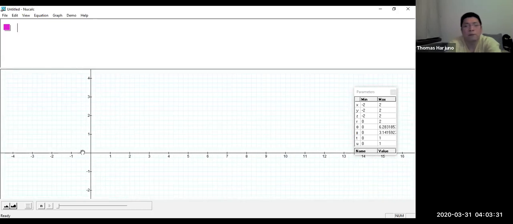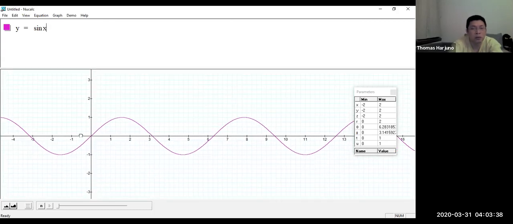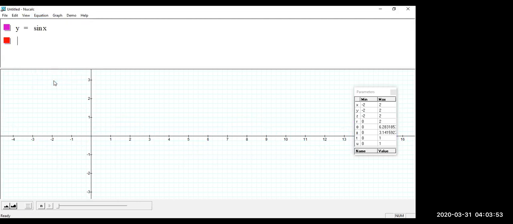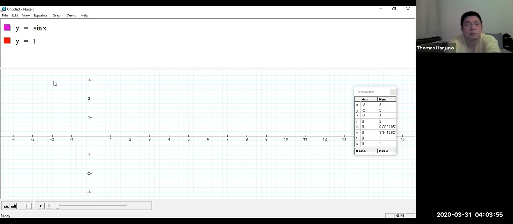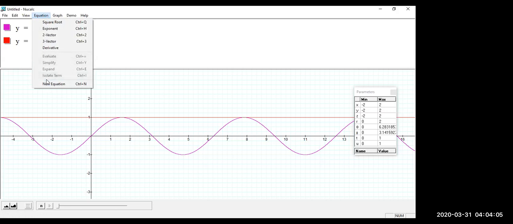Now, the graph of sine x looks like this. You see that the graph is dancing around y equals 0. What is the maximum again? The maximum is 1. You see the red line? And the minimum is -1.